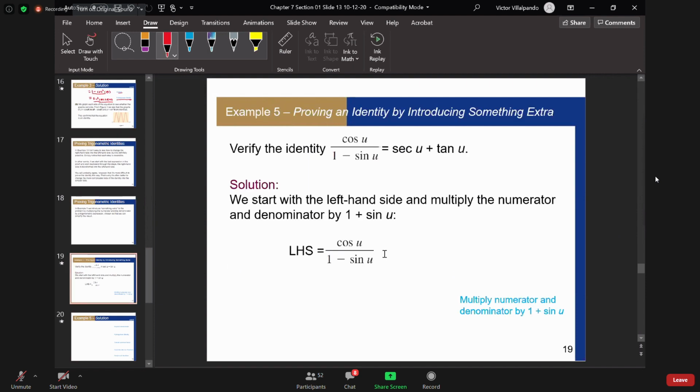A little bit of hint was given already to help you set up the problem. But I want you to give your honest opinion right now. Based on the identity given here, we have cosine of u over 1 minus sine u is equal to secant u plus tangent u. They both look a little funky, but which one would you agree is the more complicated side?